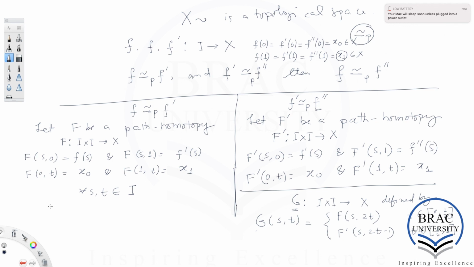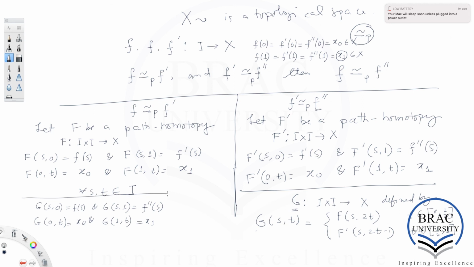So we need to show that G of s comma 0 equals f of s, and G of s comma 1 equals f double prime of s, and we have to show that G of 0 comma t is x0 and G of 1 comma t is equal to x1.